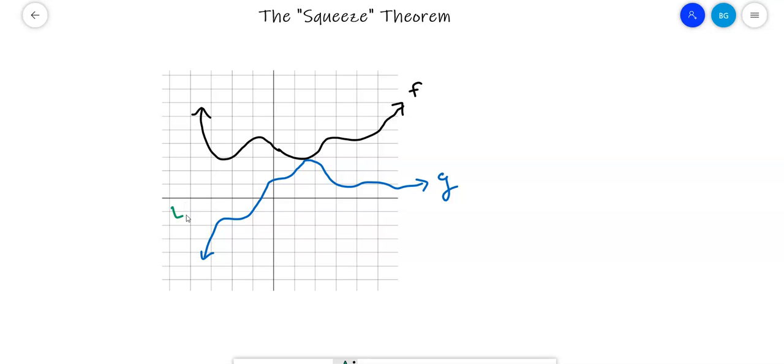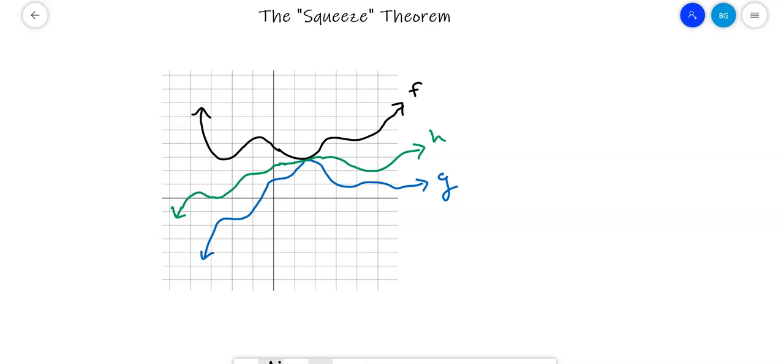and we'll call this green function h, but h is always less than f, the black function, and it's always greater than g, the blue function, and those are not strict inequalities, so it could be equal to. And so maybe the graph of h looks something like that. Okay, so we have this sort of hierarchy, right?